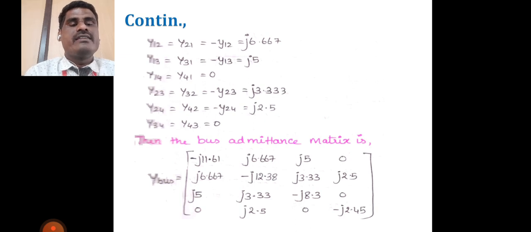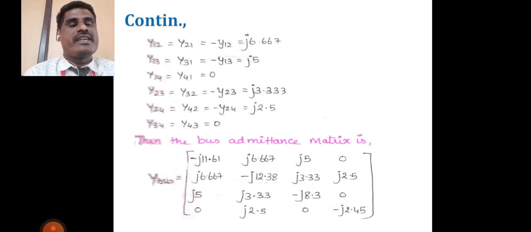We have already calculated y12, y13, y14, y23, y24 and y34, so their symmetric counterparts are also the same, but the remaining y41 and y43 are 0.